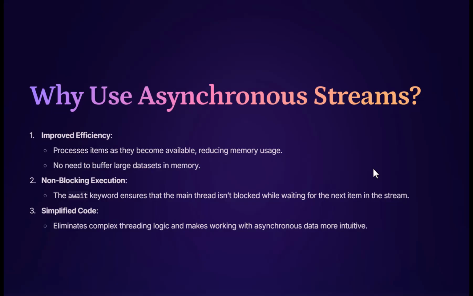So in this session we explored the power of asynchronous streams in C# 8. This feature transforms how we handle data flow, making our code cleaner, more efficient, and scalable for the real world. Throughout this video we covered two examples.